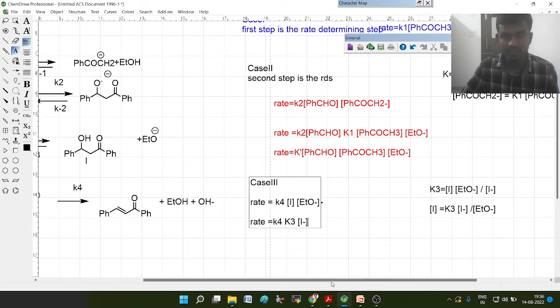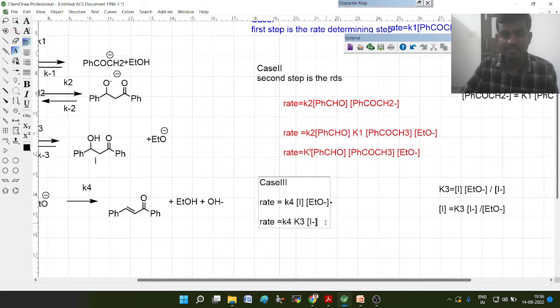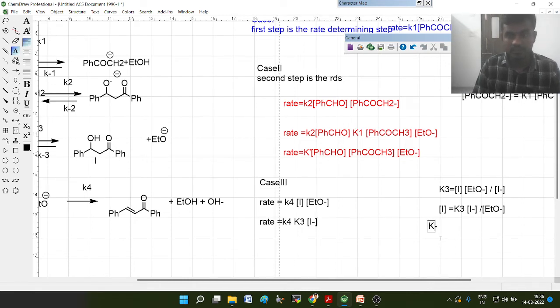Now it is not solved yet, so I need the concentration of I minus. How will I get it? Again it will come from the second equilibrium, which is K2.